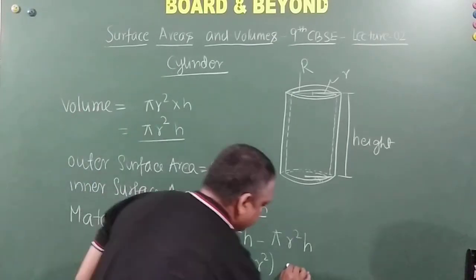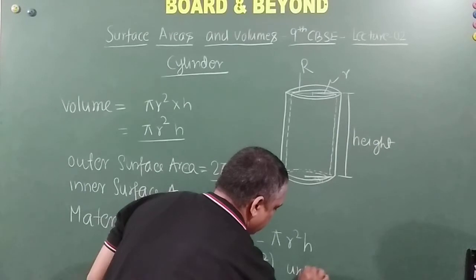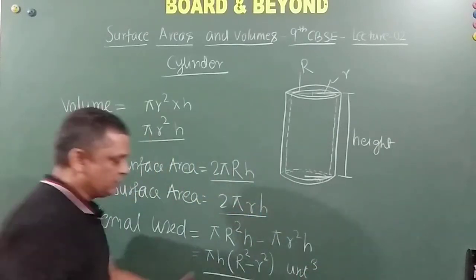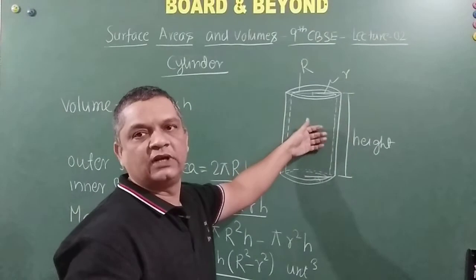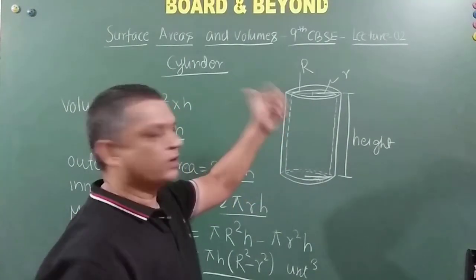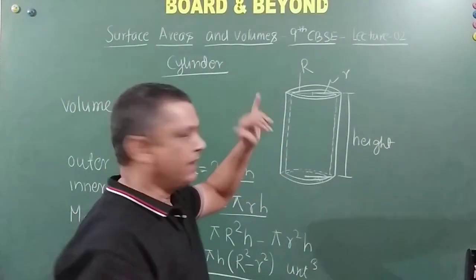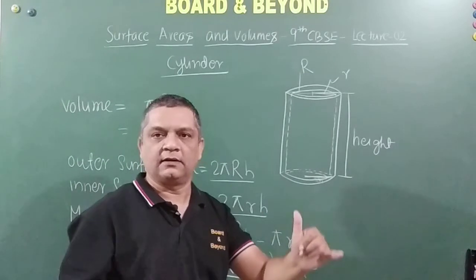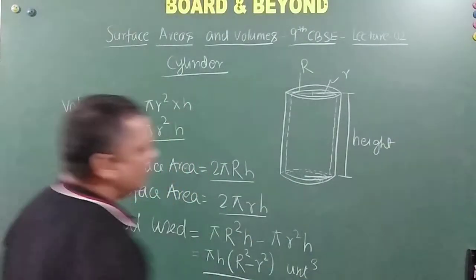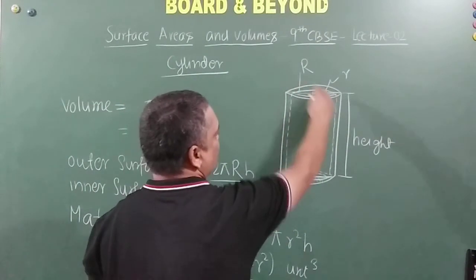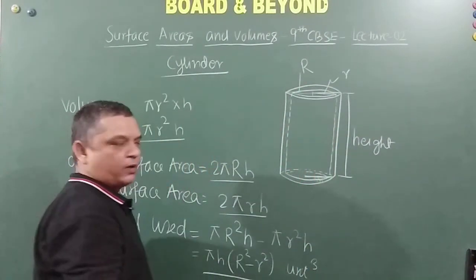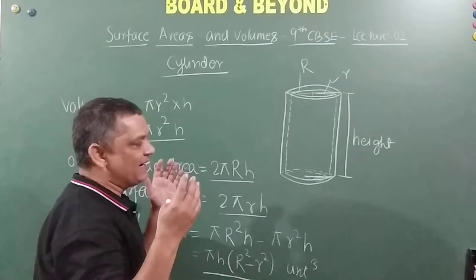Since this is volume, we will consider it in unit cube. So this is the volume of the material used in making this kind of hollow cylinder with outer radius capital R and inner radius small r. You got my point? Now let us say you want to paint this inside.